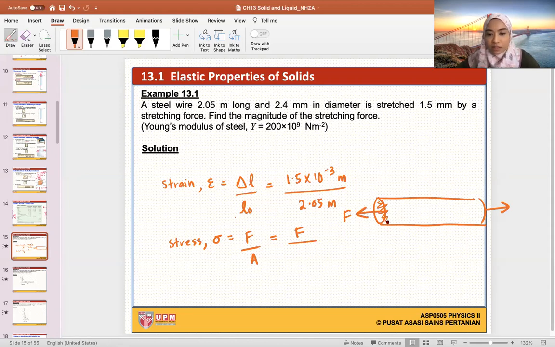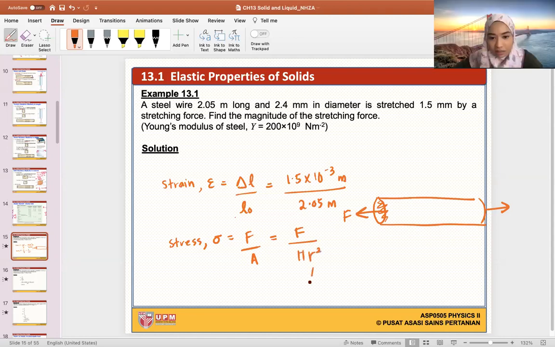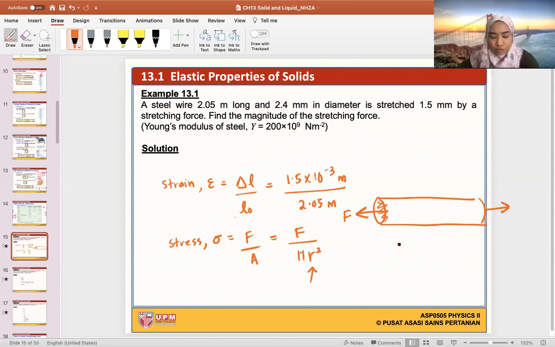What is the area of the circle? Area of a circle? Anyone? Pi r squared. Yes. So what is the r here? 1.2. 1.2 millimeter.